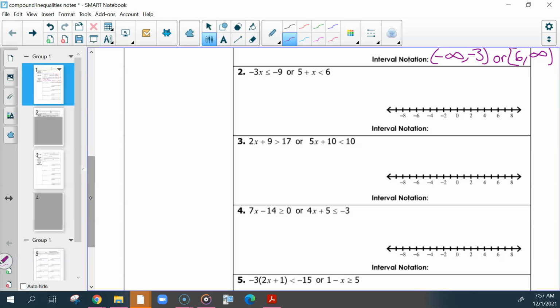So for number 3, I'm going to start with the 2x plus 9 is greater than 17. We're going to subtract 9 on both sides. And then divide both sides by 2. And then I'm going to solve the second one.